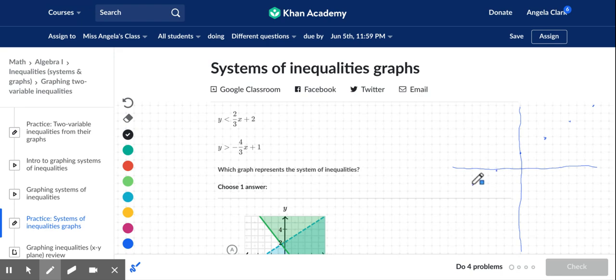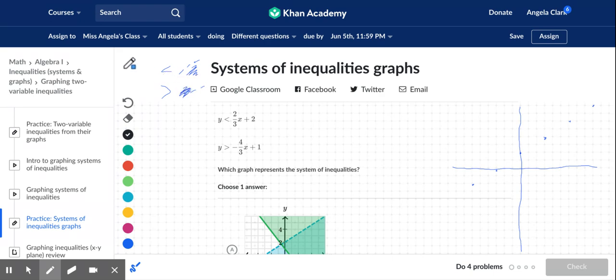All right. Now, usually I would just draw a line straight through this, but this is less than, not less than or equal to. So remember, if you have less than, it is a dotted line, and you shade beneath it. If it's greater than, it's still a dotted line, but you shade above it.